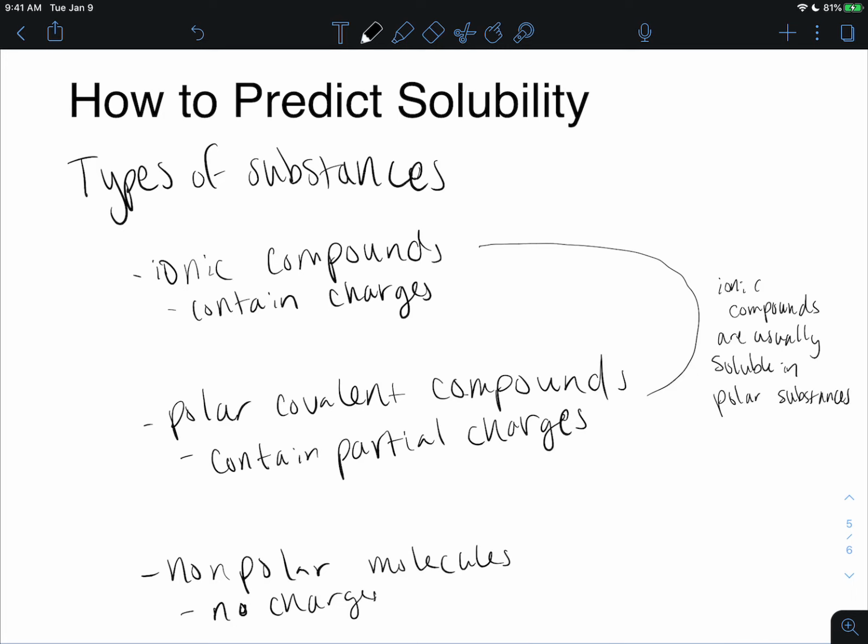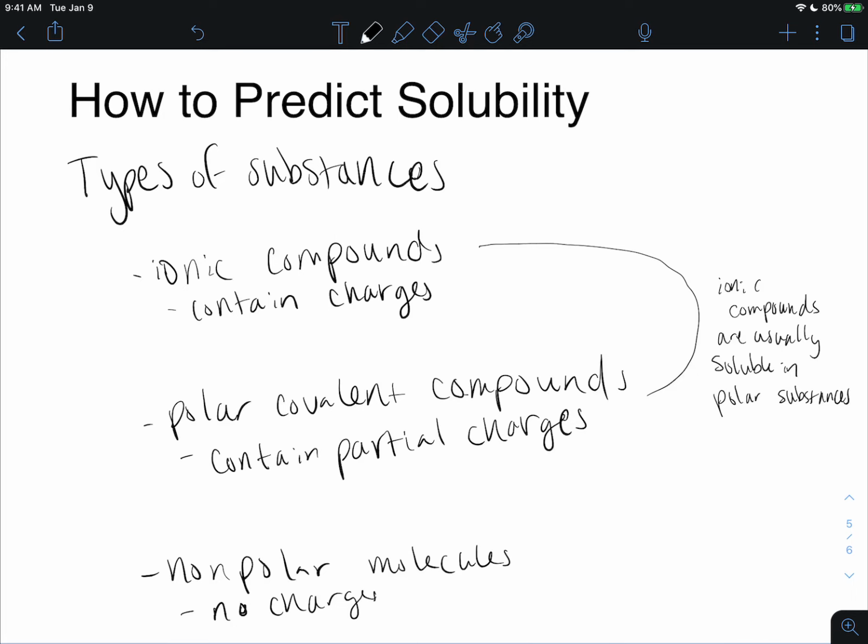Okay? And then we still have like dissolves like. Ionic compounds, they're generally going to be solids, so we don't really think about them in terms of solubility. But polar compounds, a lot of those are going to be liquid in nature, which is why the ionic compounds are going to be soluble within the polar compounds.